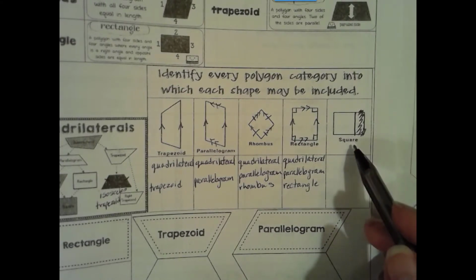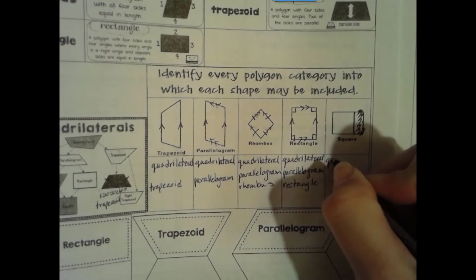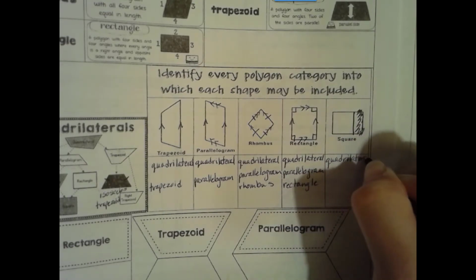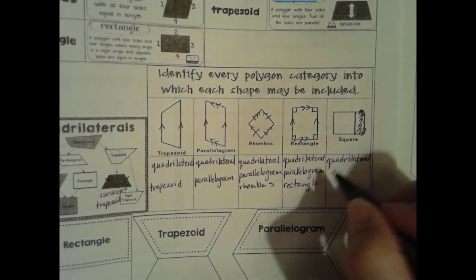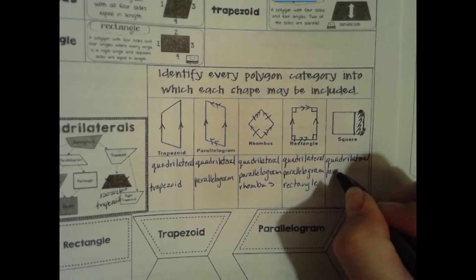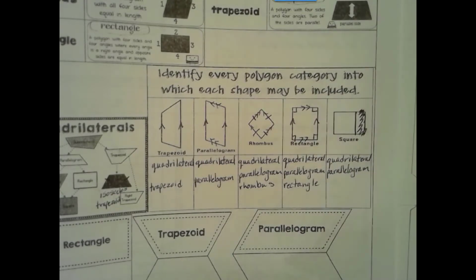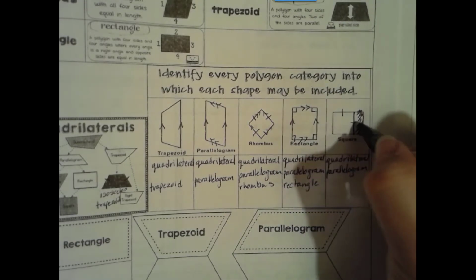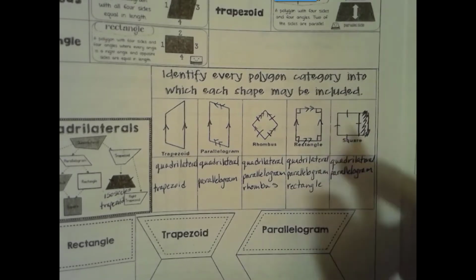Okay, now that we've fixed our square, it has 4 sides, so it is a quadrilateral. Opposite sides are parallel, so it is a parallelogram. All 4 sides now should be close to an equal length. That's what we should have for our square.